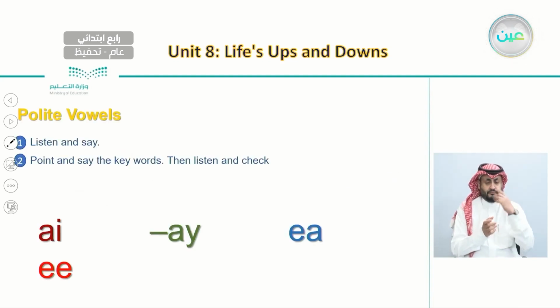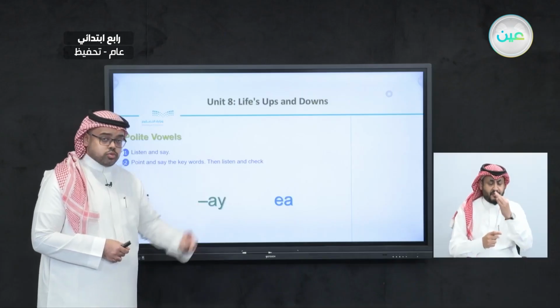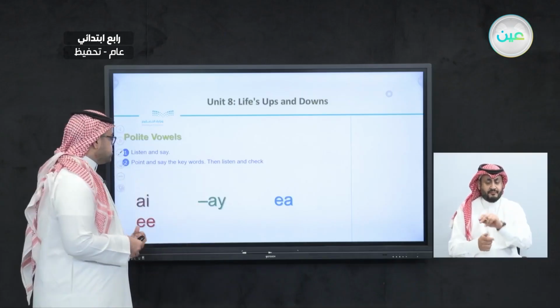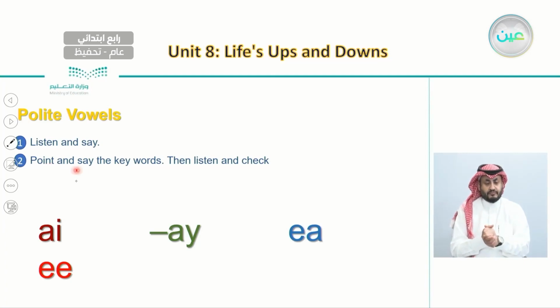Now, on page 112, we're going to listen to words that have what we call the polite vowels. The first thing we will do is listen to the teacher when he says these words, and we're going to repeat. And after this, we're going to point and say the key words so we can listen again and check.